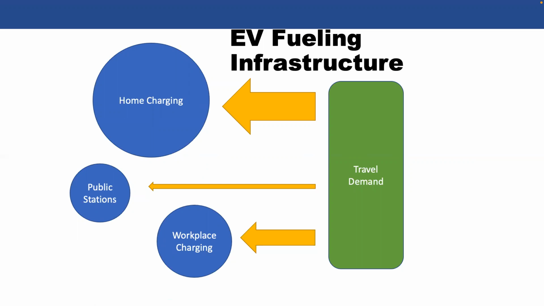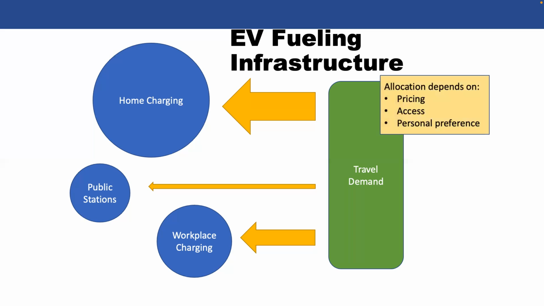So in terms of plug-in events, 85% of those plug-in events are home charging compared to these other two. That might change in the future, but we'll see. Pricing, access, personal preference. These are the things that drive the decision about where I'd want to charge.